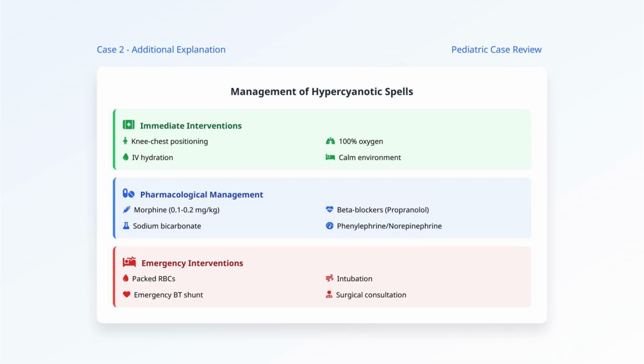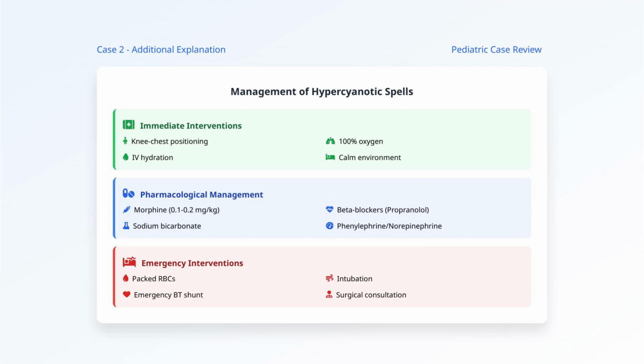Initial measures include positioning, knee-chest position for infants, or squatting for older children, to increase systemic vascular resistance. Supplemental oxygen helps decrease respiratory distress and metabolic demands. Intravenous hydration is crucial as dehydration can trigger or worsen spells. Morphine reduces the infundibular spasm and provides sedation.